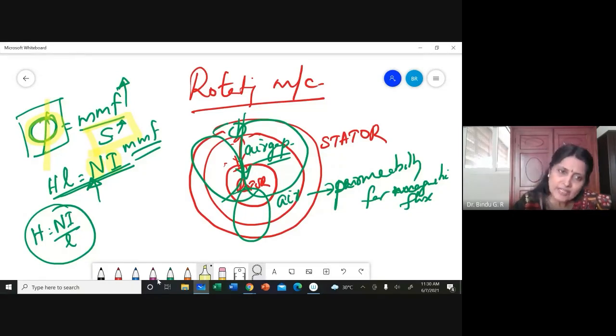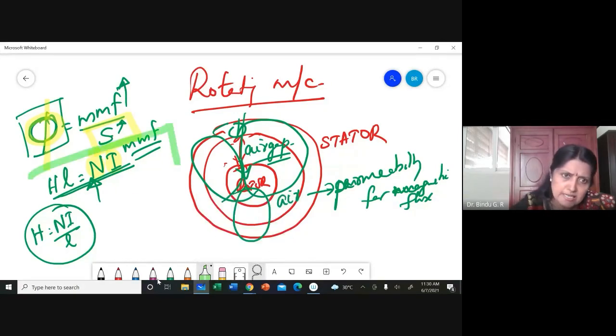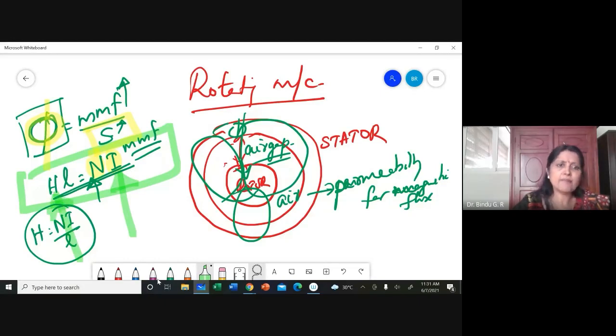Now let's just concentrate on this equation alone, HL is equal to Ni. You can see that I is an electrical quantity. You can see H is a magnetic quantity.